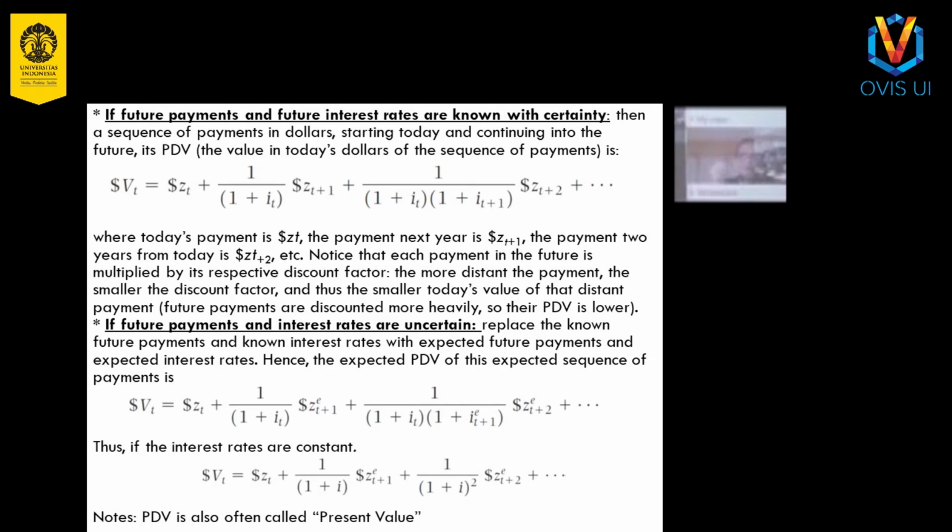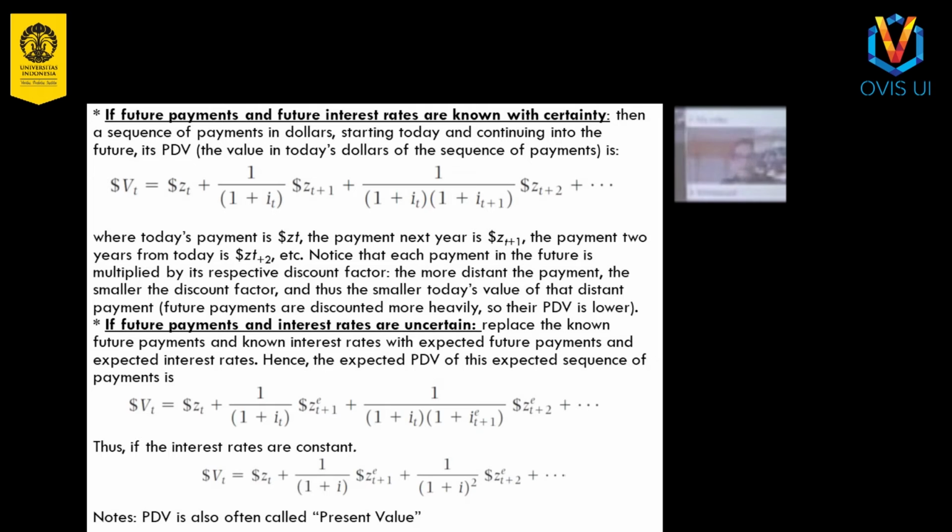Superscript e reflects the expected value. So for example, this is the amount of payment next year that you expect. You're not sure, but you expect. The same with the interest rate: because you don't know exactly, you use the expected interest rate. That's why you use i with superscript e here, multiplied by the expected payment for next year, and so on and so forth.